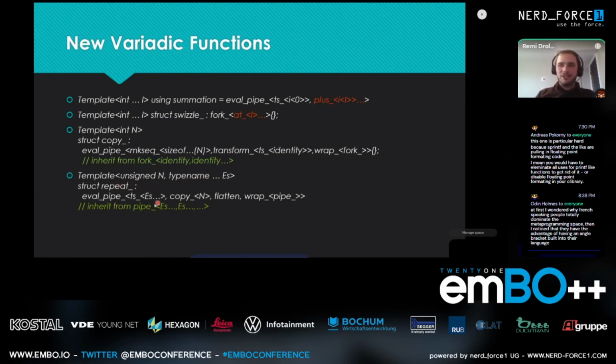Well, I take this expression and I copy it n times, and then since it's a list of type expressions, I need to flatten it to remove those ts that are outputted by this copy. And then I wrap it with pipe. So now I inherit from pipe es ... Those es are repeated n times, basically.